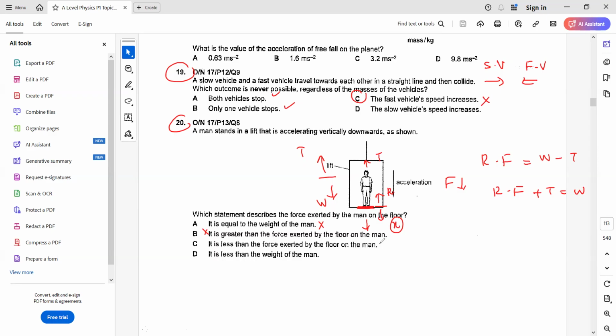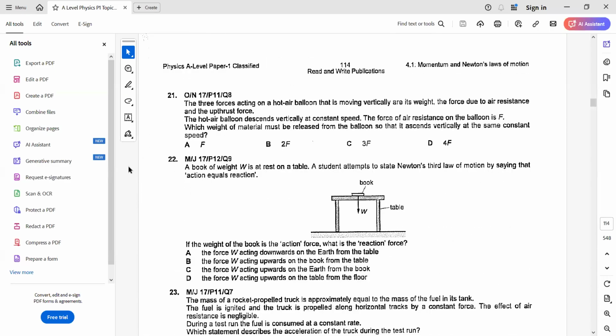In that case, this guy has to be somewhere here in air. So that's not possible still. It is less than the weight. Basically, since weight is now being reduced through this reaction force, I'll go with D. 20 should be D.